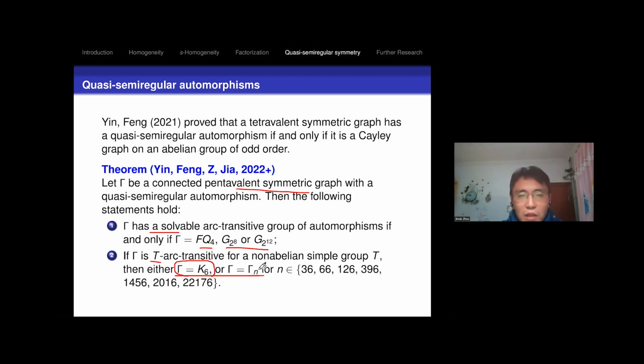So for pentavalent symmetric graphs with a non-solvable automorphism group, there are infinitely many graphs which have a Cauchy semi-regular automorphism.